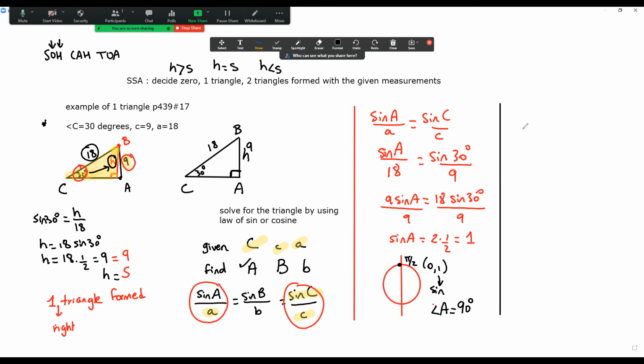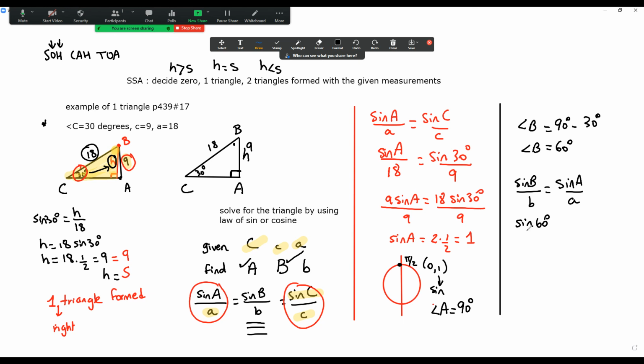I need angle B, and now it's easy to find angle B because the sum of angles in a triangle is 180, or more specifically, this angle and this in a right triangle are complementary, which means they add up to 90 degrees. So if C takes 30 degrees, then 60 degrees are left for B. And I found angle B. Side B is left, so now it's time to use this ratio, sine B over B equal, I could do either A over A or C over C, whichever one you feel comfortable using.